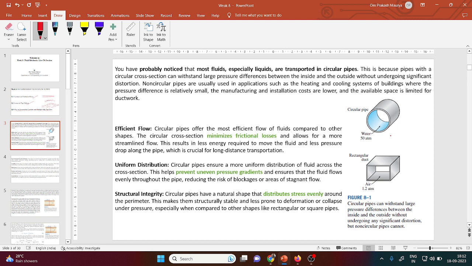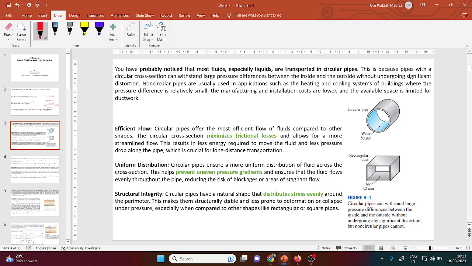Duct and pipe are similar things in this class. You have probably noticed that most liquids flow in circular conduits, not rectangular ones. I have written some reasons here.